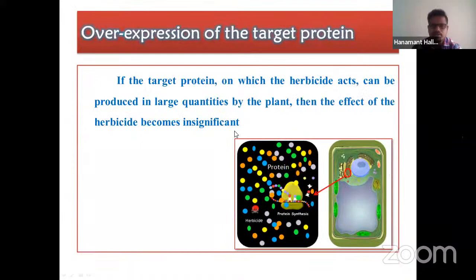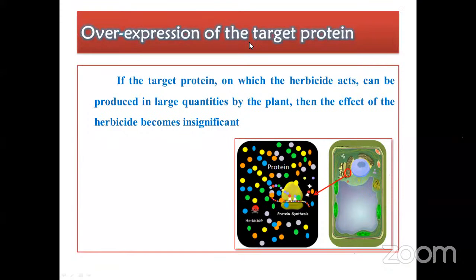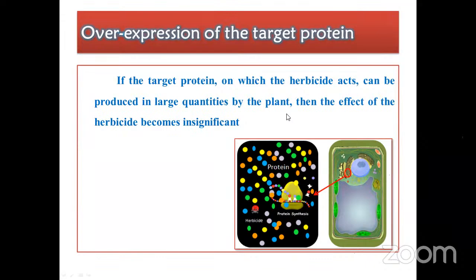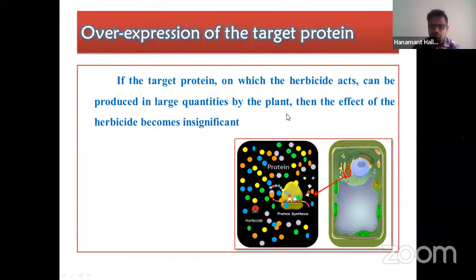So then one more mechanism is overexpression of the target protein. If the target protein on which herbicide acts can be produced in large quantities by the plants, then the effect of the herbicides becomes insignificant. Here this is also a most interesting point, that suppose one herbicide, for example metribuzin, is killing the weeds by affecting a particular protein, but resistant weeds will produce the same protein in higher quantity.